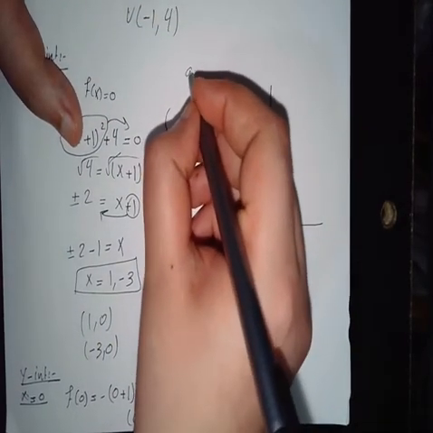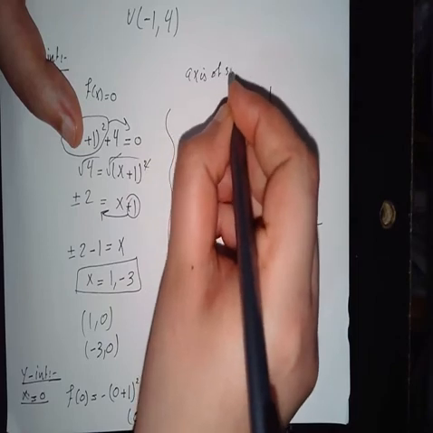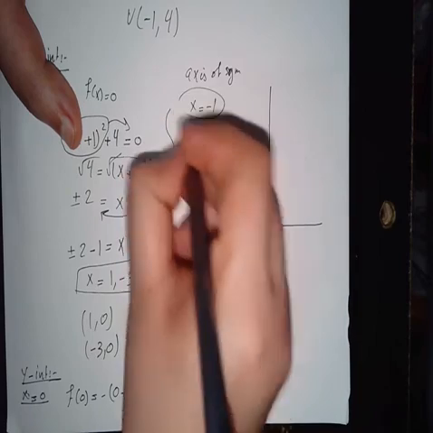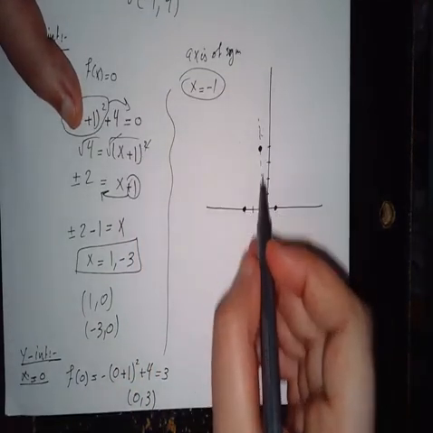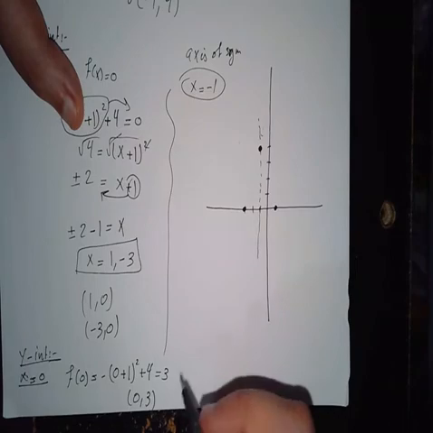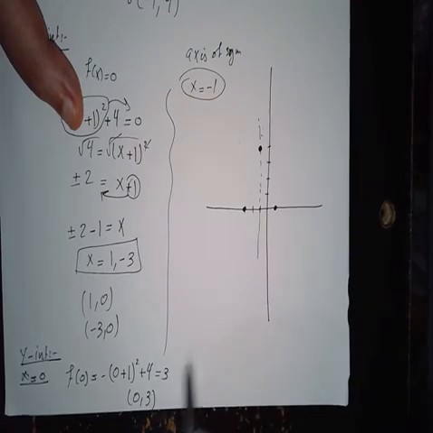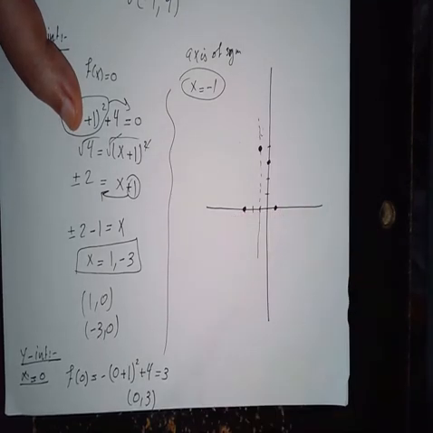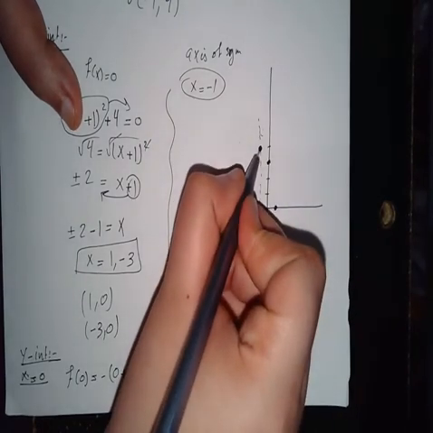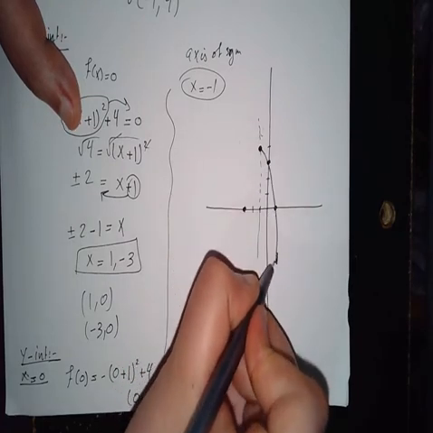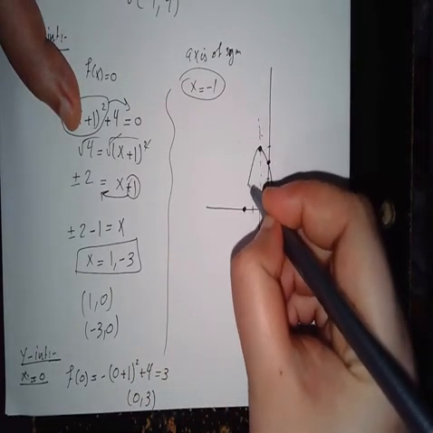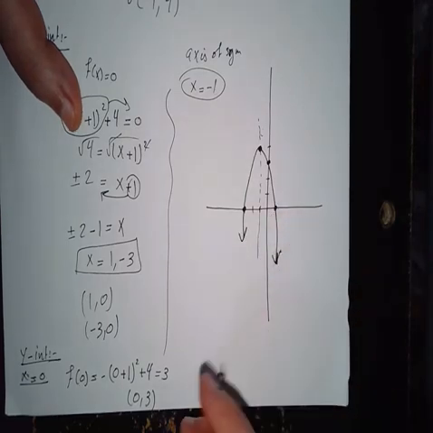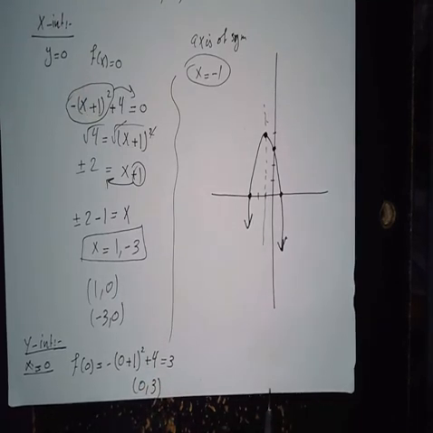So the axis of symmetry is x equals negative 1, right? Which is right here. Now, we still didn't plot the y-intercept, which happens to be the point 0 for x, 3 for y, which is right here. Now, the plot goes like this. Please forgive me, I can't draw. But this is your function.